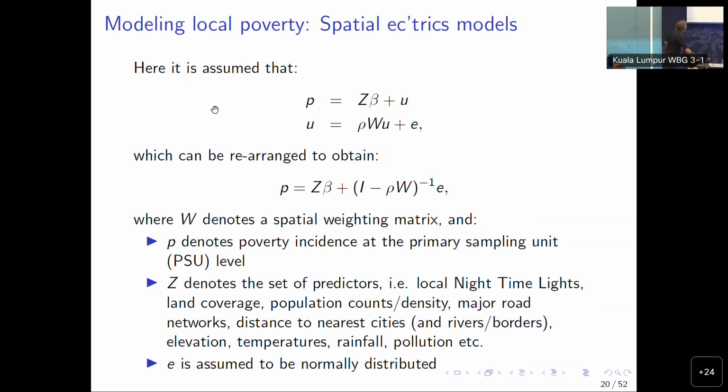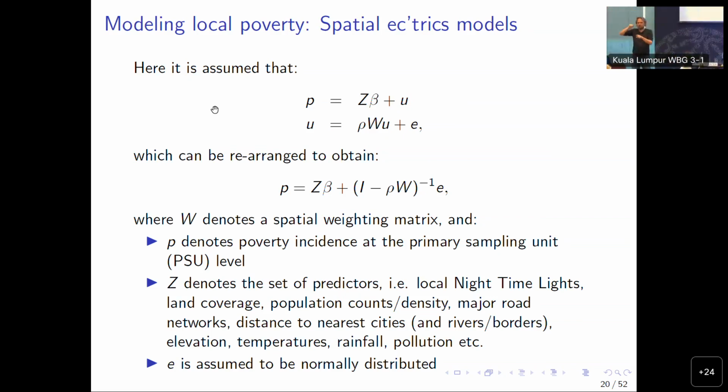It's going to be hard to explain in a nutshell, but basically rho is a spatial correlation coefficient, and W captures the distance between locations. I'm just going to try to explain the concept. Picture a big matrix where all the locations are entries. If you have, say, 1,000 enumeration areas in the country, it's going to be a 1,000 by 1,000 matrix.